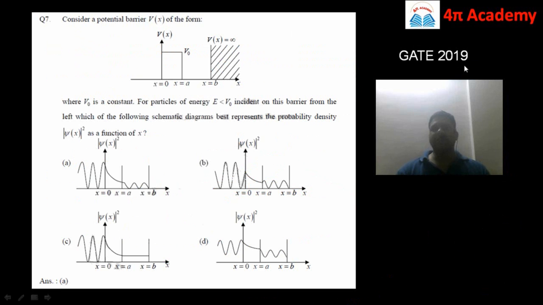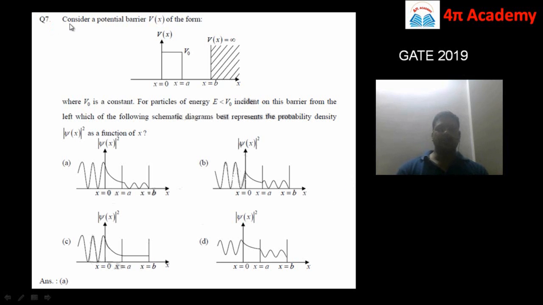It is asked in GATE 2019, and it is a graphical problem which is based on the acceptable wave functions which we have seen in previous lectures. We have seen the conditions for acceptable wave function and also some of the graphical problems based on it.